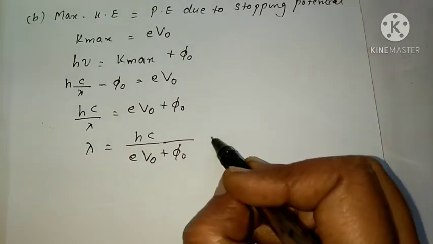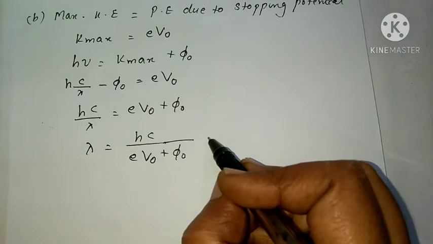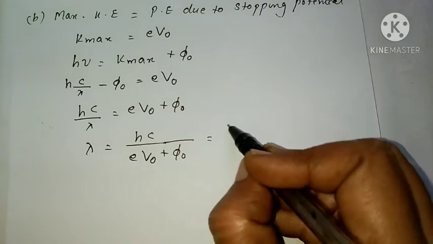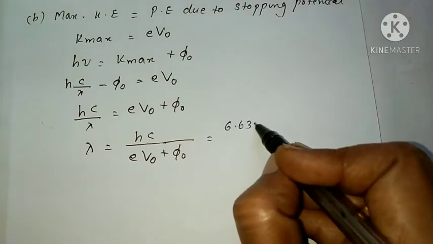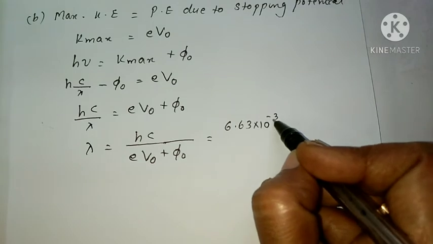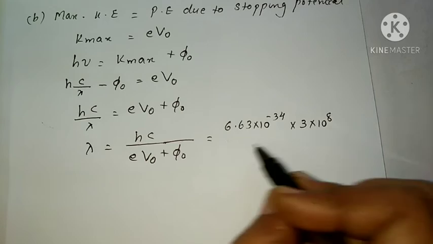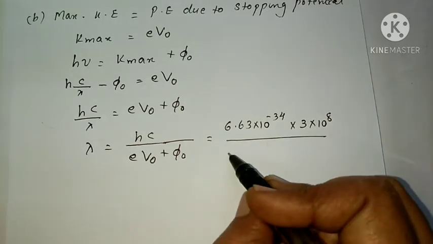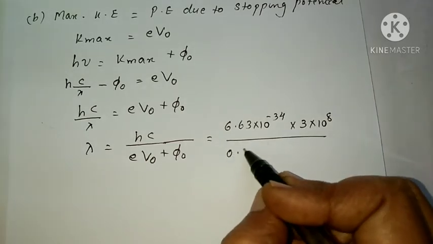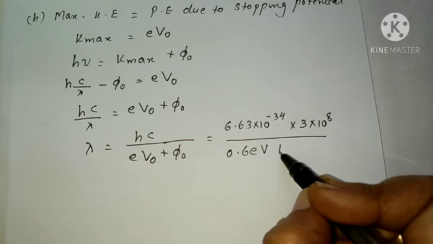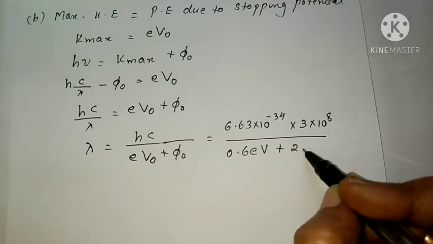Then we can substitute the values. What is h here? That is 6.63 into 10 raised to minus 34, into 3 into 10 raised to 8, divided by eV0, which is given in the question as 0.60 electron volt, plus phi 0, also given in electron volt.